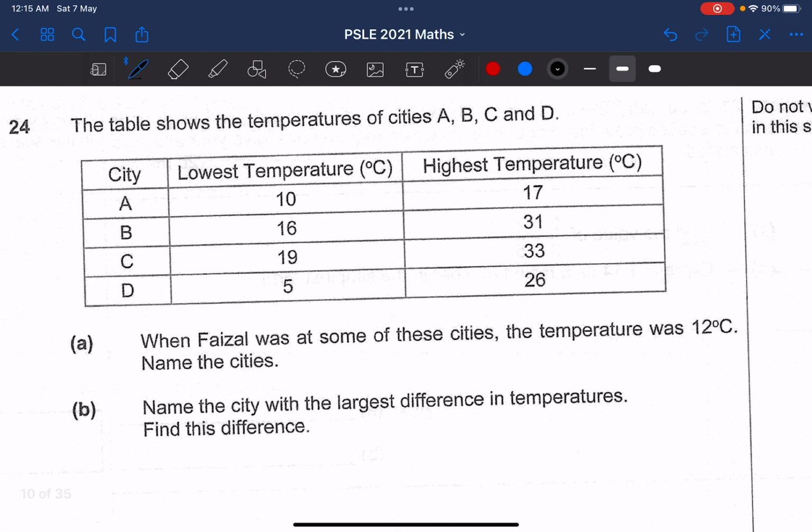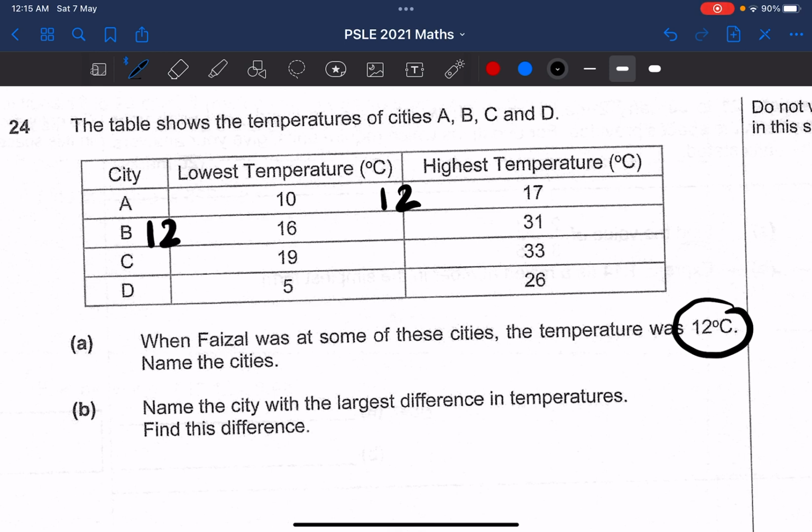So it says that Faizal was at some of these cities, the temperature was 12. So we're going to see where 12 exactly lies. In city A, 12 will be right smack in the middle, right? It's between 10 and 17, so it's in the middle. For city B, it is way out already, right?